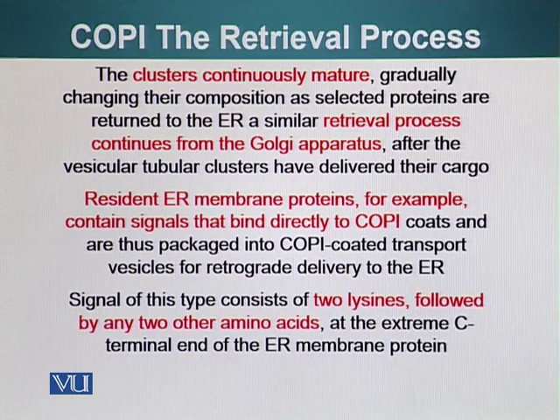After the vesicular tubular clusters have delivered their cargo, resident ER membrane proteins, for example, contain signals that bind directly to COP1 coats and are thus packaged into COP1 coated transport vesicles for retrograde delivery to the endoplasmic reticulum. These special sequences are at the extreme C terminus: two lysines followed by any other two amino acids.